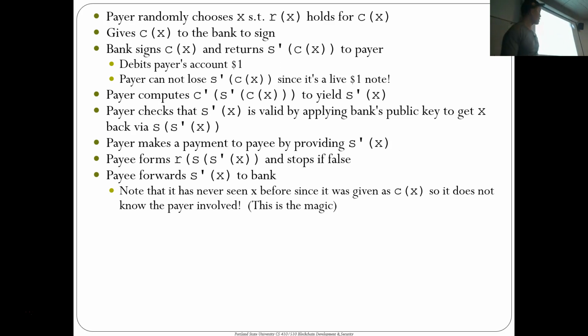So the bank keeps a log of all the S prime of X's that have ever been spent, to avoid double spending, but the catch is that it never knows who this S prime of X belonged to, because it was blinded up front when it was issued. So that's the magic of DigiCash.